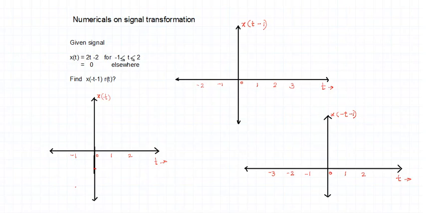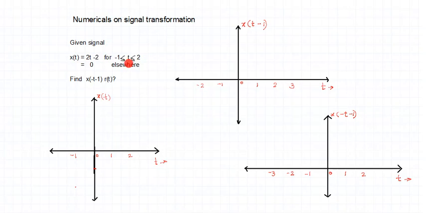At the next time instant, t equal to 1, what is the magnitude? 2 into 1 minus 2 gives a resultant magnitude of 0. So at t equal to 1, the magnitude is 0.